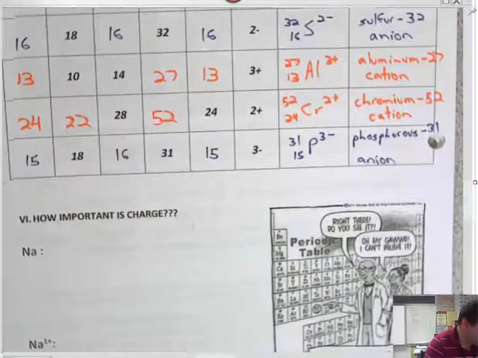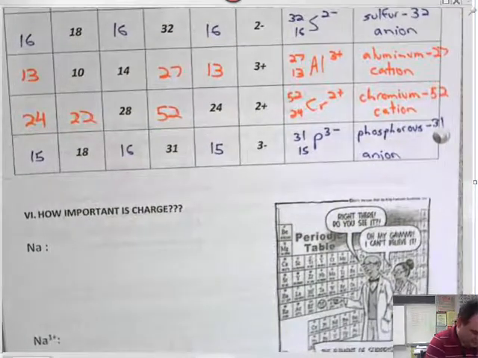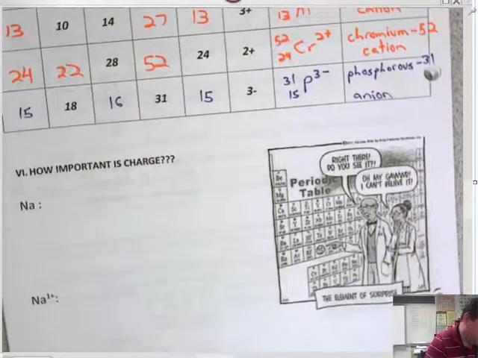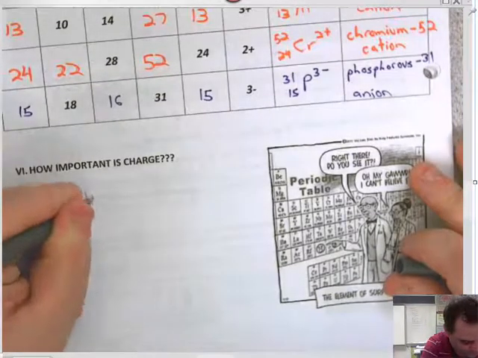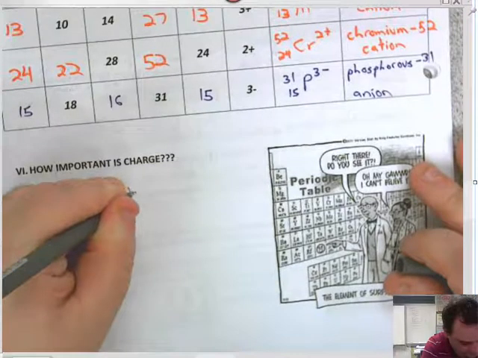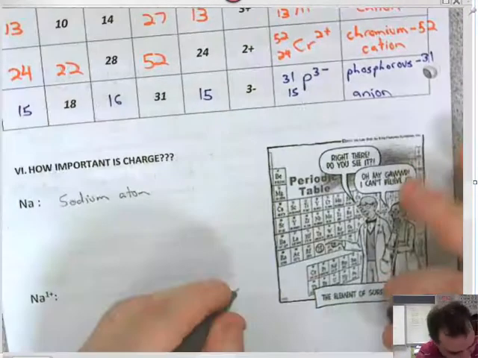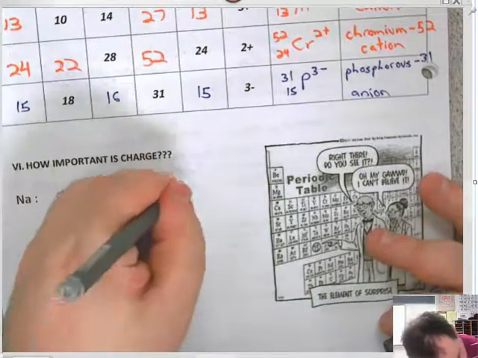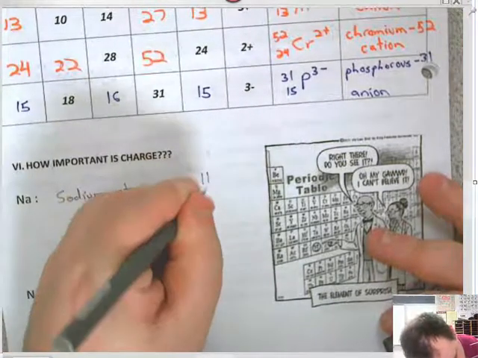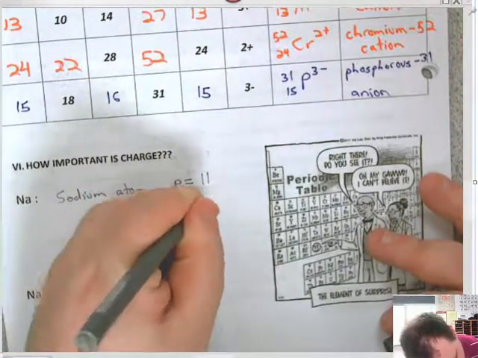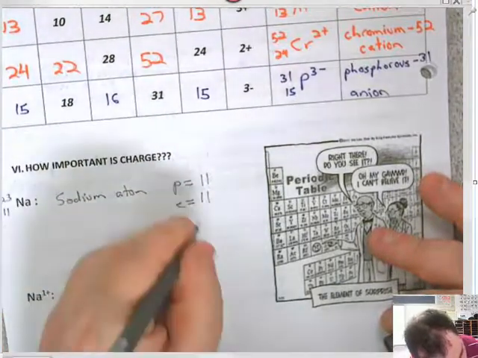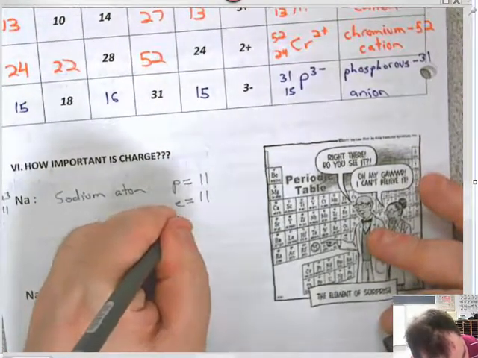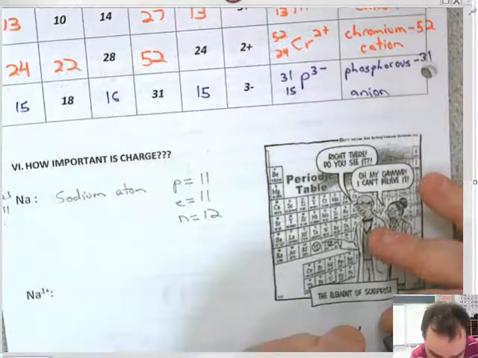Okay, why is charge important? Because this is a sodium atom. It has 11 protons, 11 electrons, and usually the mass number is 23, so it has 12 neutrons, right?